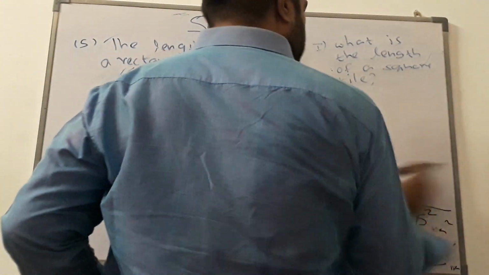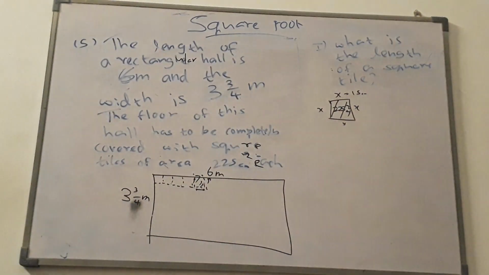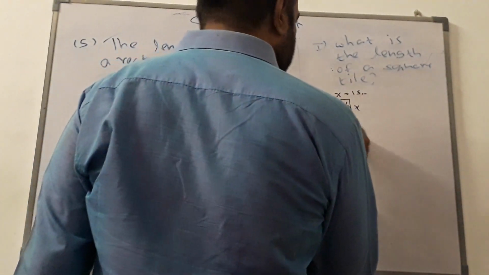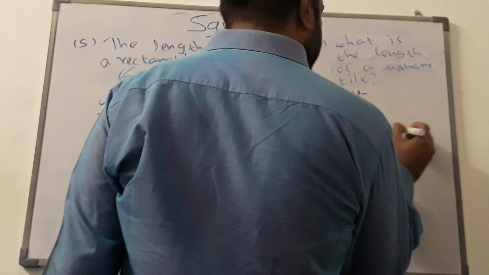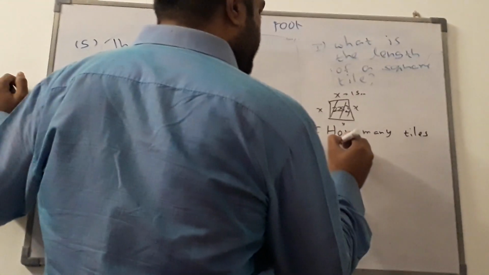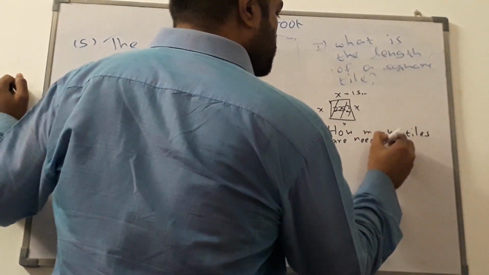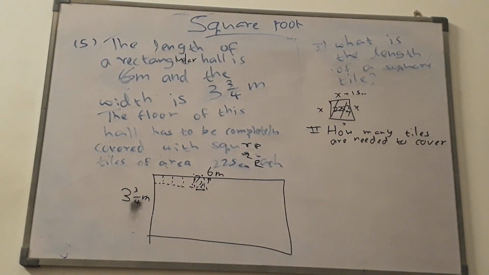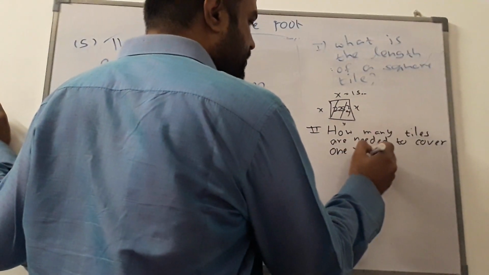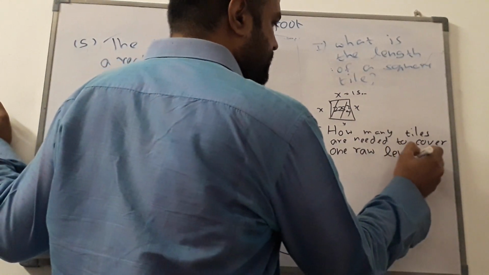What about the second part? There's a second part here. According to the second part, it is said: how many square tiles are needed to cover one row lengthwise?